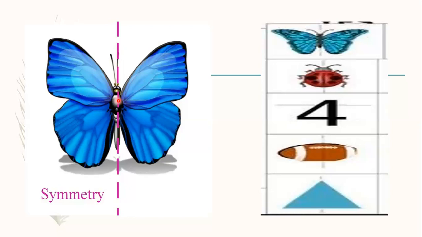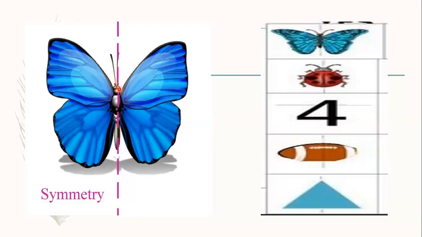Third method, we will keep a mirror along this imaginary line. When we keep the mirror, we will not be able to see the right side. Only the left side you will be able to see, because the mirror is kept in between.